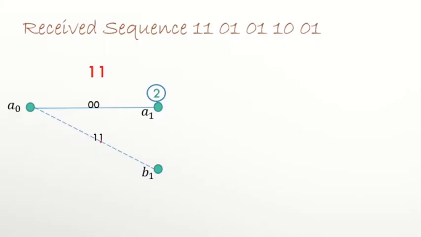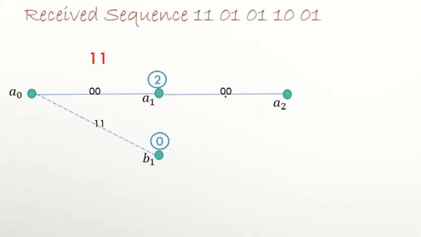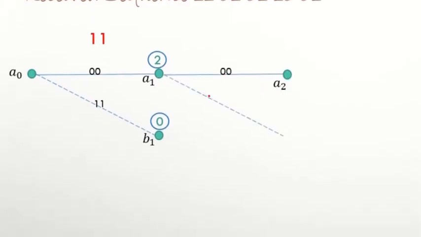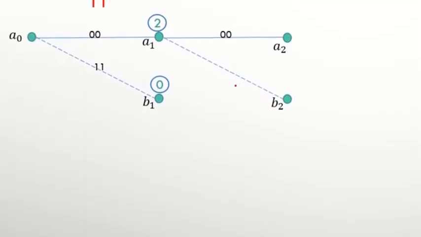And if you see the second one, which is 1, 1 compared to 1, 1, there is no difference. So the Hamming distance is 0 here. Now we can start with A1 and draw the trellis diagram. So from A1, if the message bit is 0, it is going to A2 and it produces the code 00. From A1, if it is 1, it is going to B2 and produces 11.